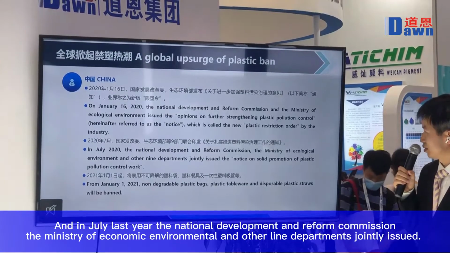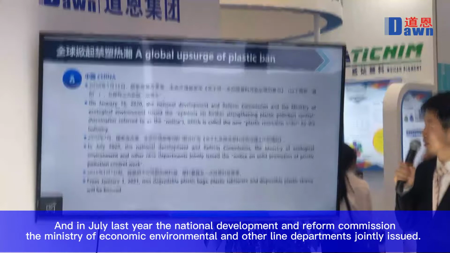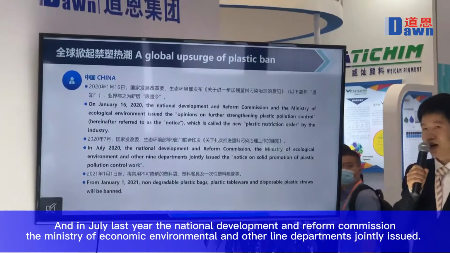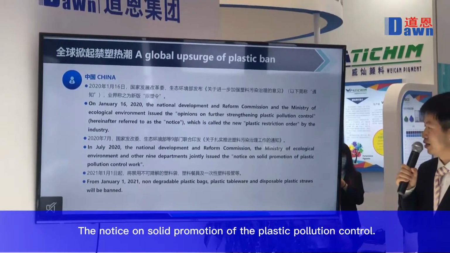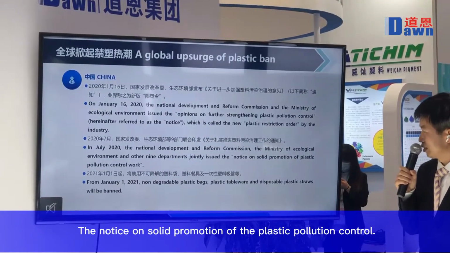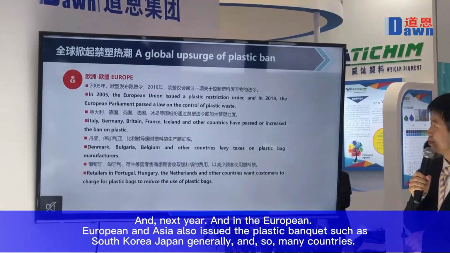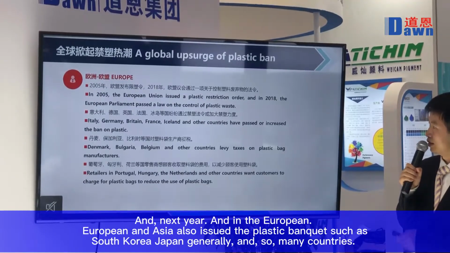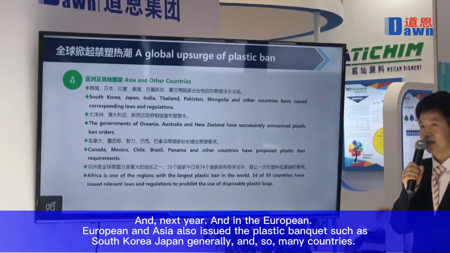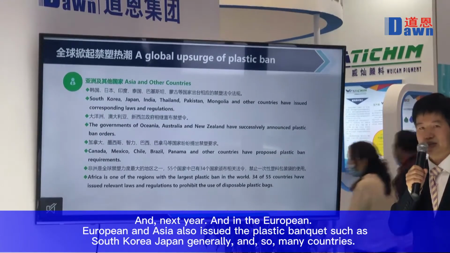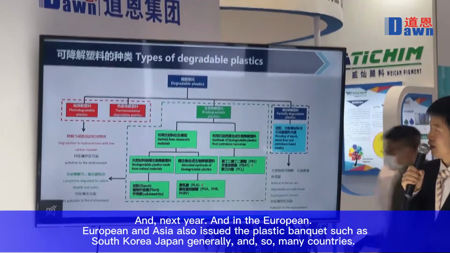And in July last year, the National Development and Reform Commission, the Ministry of Ecology and Environment, and other departments jointly issued the notice on solid promotion of plastic pollution control work. Next year, Europe and Asia also issued plastic bans, such as South Korea, Japan, Canada, Thailand, and many other countries.